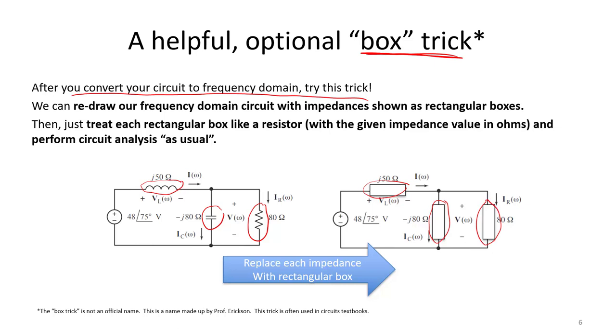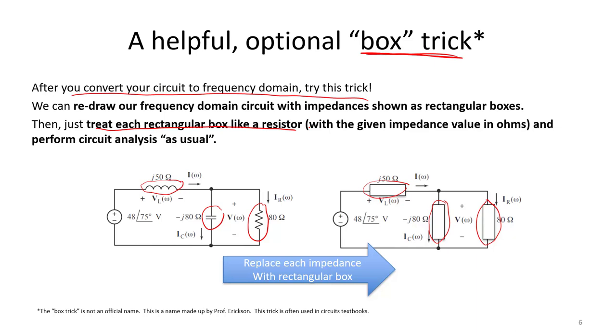The advantage of redrawing these components as boxes is that it makes it easier for us to combine these equivalent impedances together. So once you've replaced your impedances with boxes, you can treat each rectangular box like a resistor and perform circuit analysis as usual.